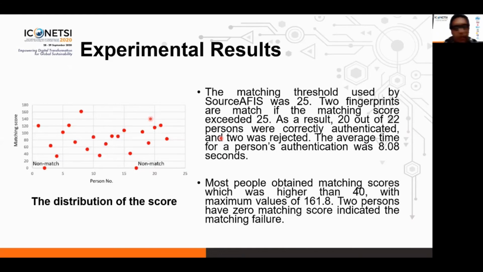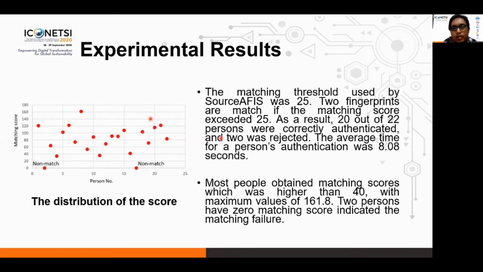The result. This one is the distribution of the score. We can see there are two non-match. The matching threshold we use on the server side was 25. Two fingers are matched if the matching score exceeds 25.